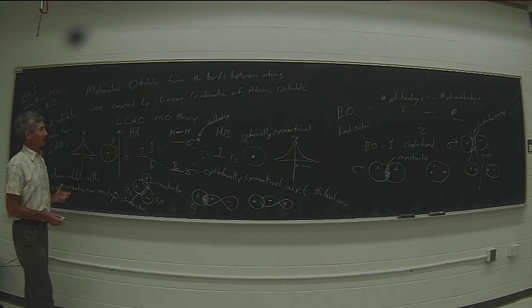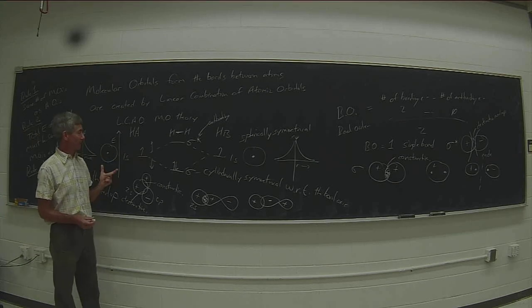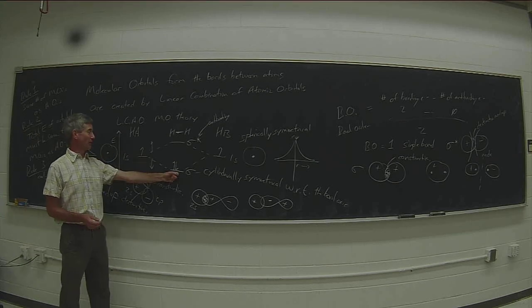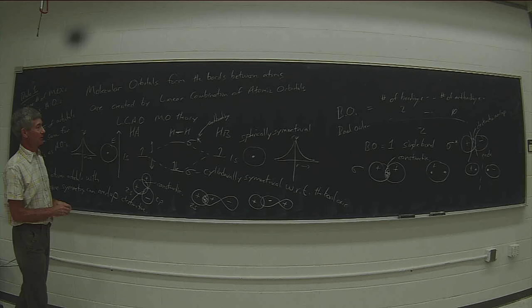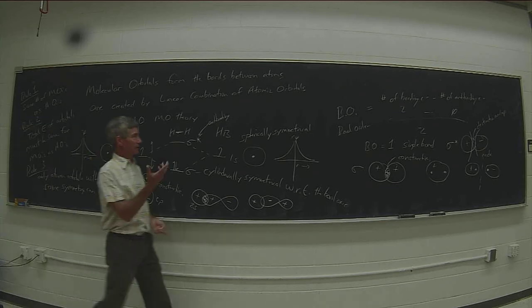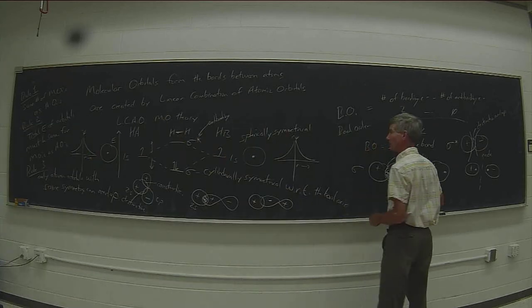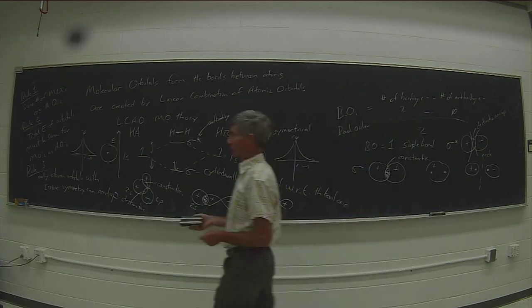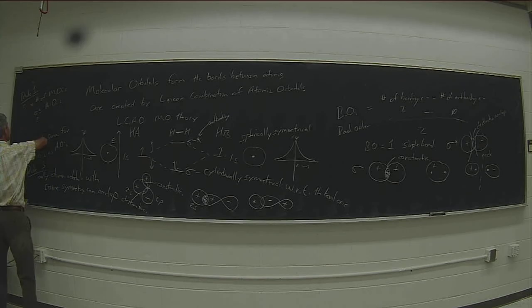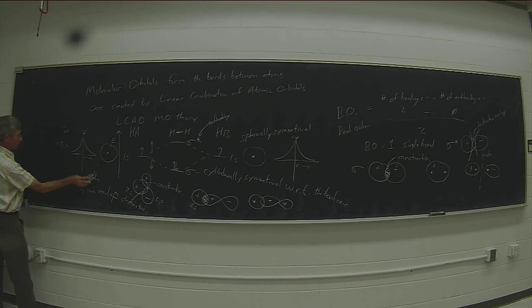So what we've done is we formed a new bond with a bonding orbital, which is filled, and an anti-bonding orbital, which is empty. If you were to do diatomic helium, diatomic helium would look not very different from diatomic hydrogen from a molecular orbital picture.